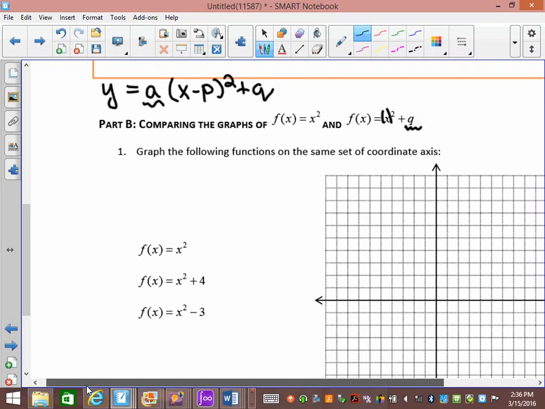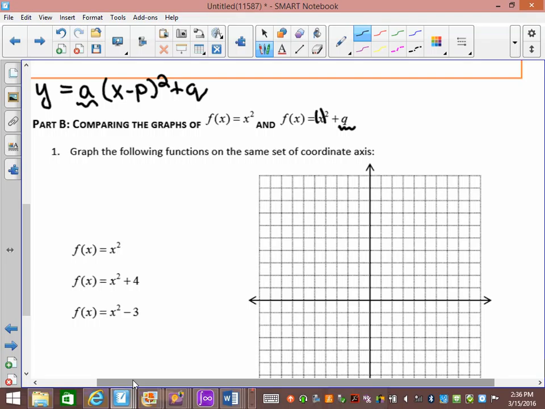Let's look at what happens. So in our y1, we still have our x squared. So let's draw that first. It's at 0, 0, 1, 1, negative 1, 1, 2 and 4, negative 2 and 4, 3 and 9, negative 3 and 9.